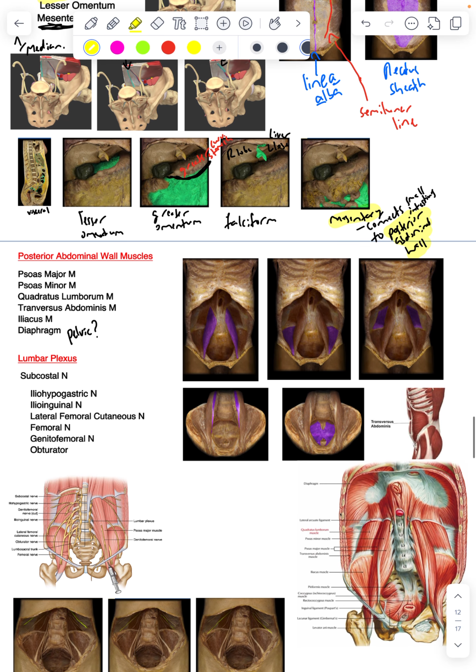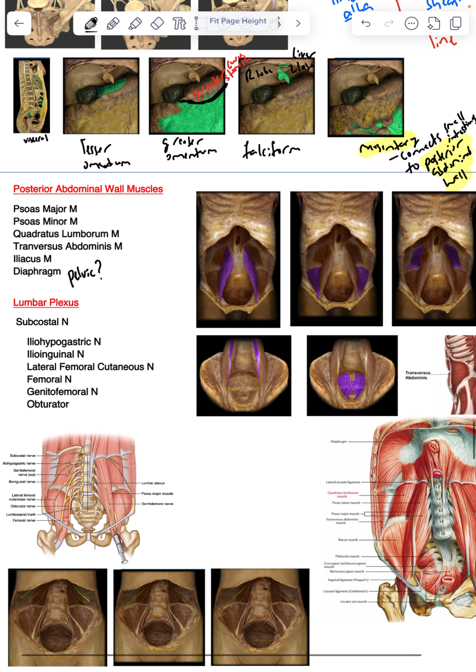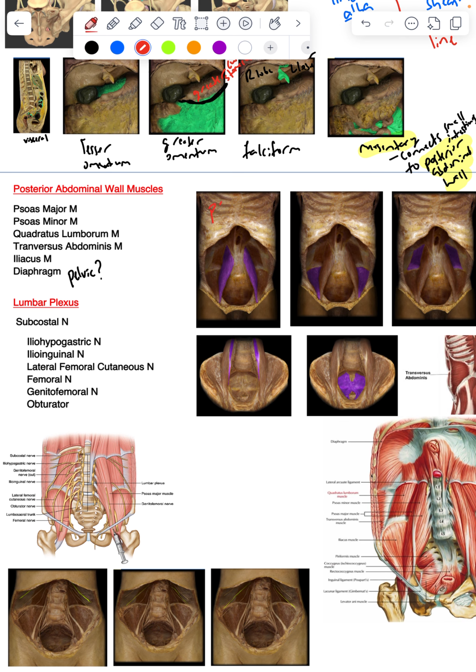Now, your posterior abdominal wall, we have a bunch of muscles here. The big, thick muscle that comes down like this is your psoas major. So this is psoas major.